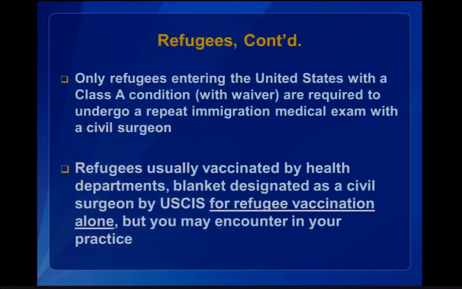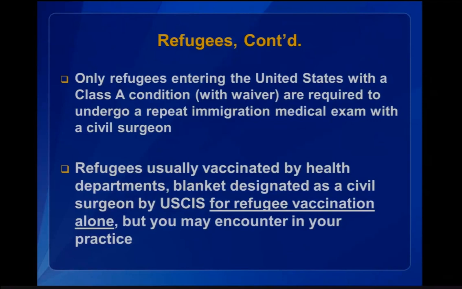So you may see that. But as you probably know, it's only refugees entering the U.S. with a Class A condition, with a waiver, of course, otherwise they couldn't come in, who are required to undergo a repeat immigration medical exam. So refugees just have to get the vaccinations unless they come in with a Class A.